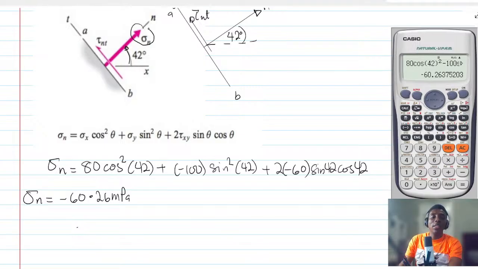So we've been able to get this component, which is the normal. Now let's calculate the tangential, the shear stress between the normal and the tangential. There's also a formula for that one.